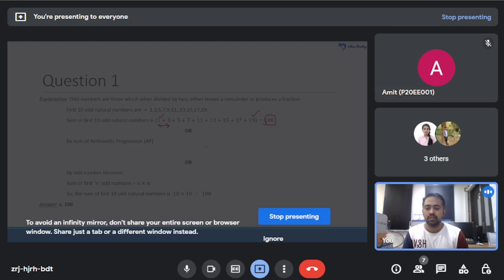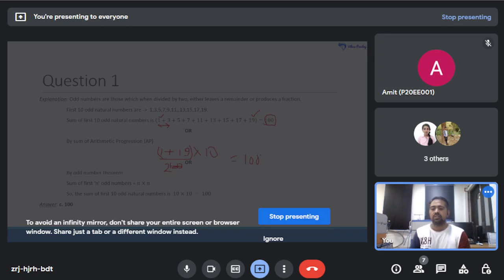You must remember that in an arithmetic progression the sum is (a plus l) multiplied by n divided by 2. So 1 plus 19 is 20, multiplied by 10 terms is 200, divided by 2, that is 100.